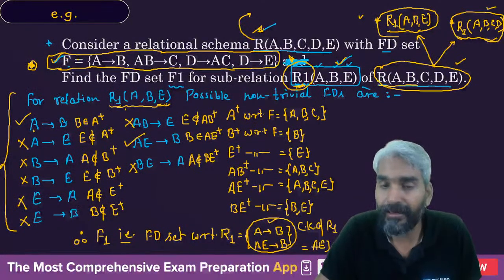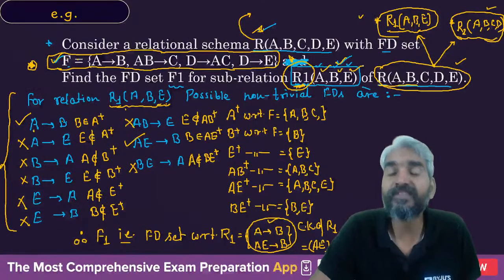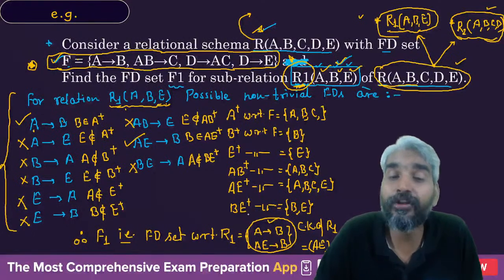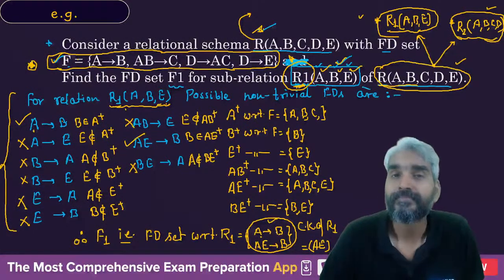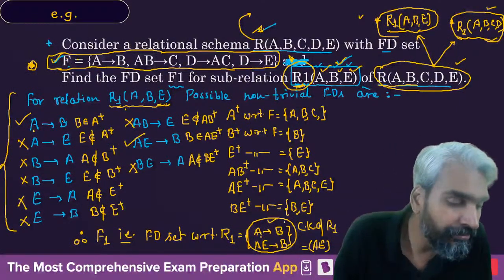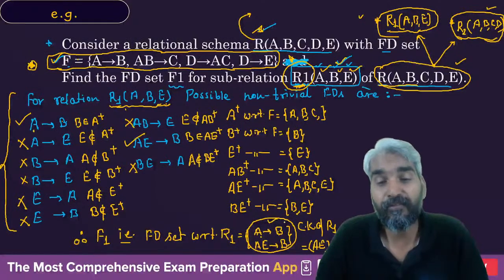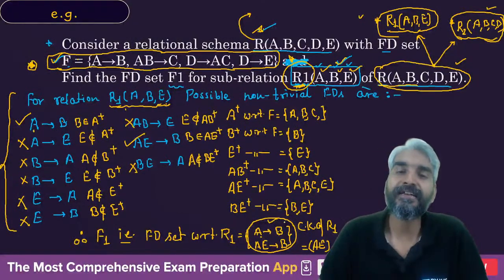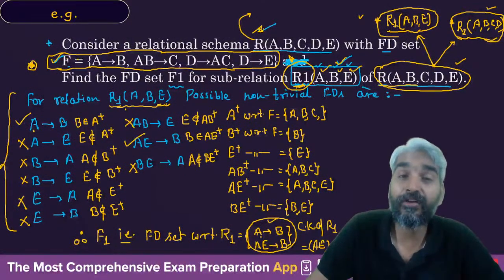AE together can determine all the attributes of this relation. A alone cannot determine E, and B cannot determine anything else. Only AE can determine all the attributes of R1, and therefore AE is the candidate key of R1. Whereas, what is the candidate key of relation R?